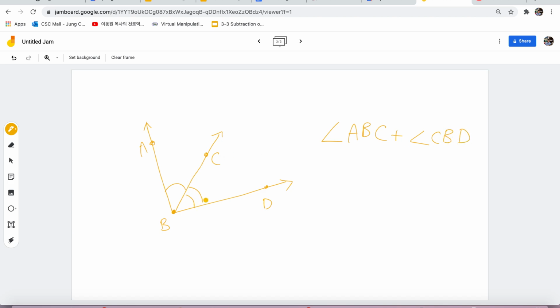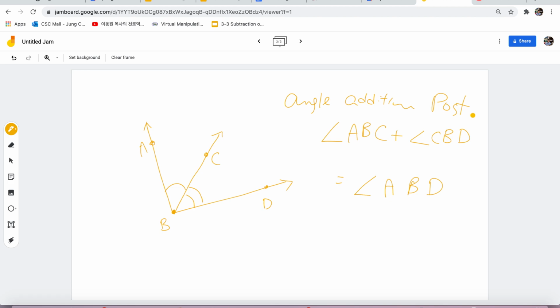When you add these two together, that is the same as angle ABD. So angle ABC plus angle CBD is angle ABD, right? Because they share the same vertex and they have an adjacent ray that is not overlapping, the sum of these two angles is the same as the big angle there. That is called the angle addition postulate.